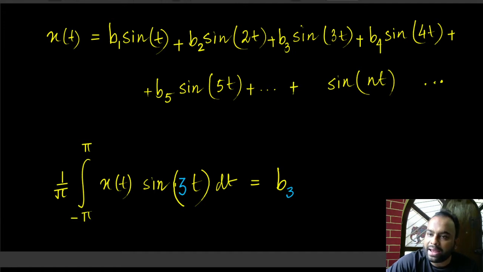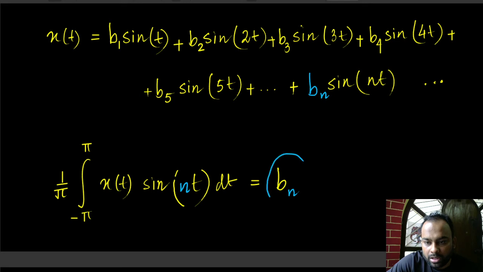As a matter of fact, if I multiply the signal with sin nt, what do I really get? If I multiply the signal with sin nt and integrate it from minus pi to pi, divided by pi, what I get is bn. What is this?